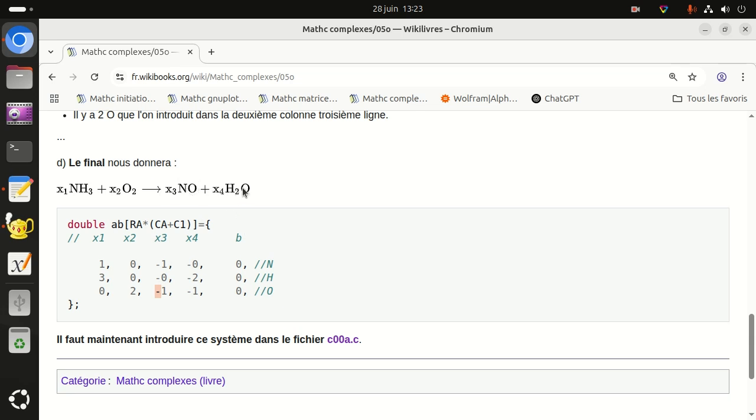Now this is the fourth element, so I work with the fourth column. You have 2 hydrogen with the minus sign because you are on the right of the chemical equation. You have one oxygen. I put one oxygen with the minus sign because I am on the right of the chemical equation. I copy this value.